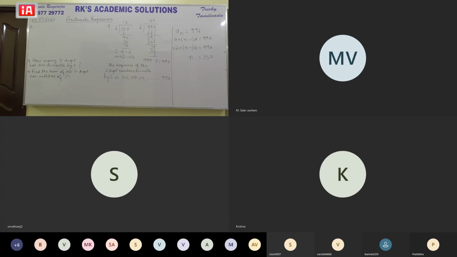The question is to find the sum of all the three-digit non-multiples of 17. So the first thing you'll have to do is to find the sum of all the three-digit natural numbers, meaning numbers starting from 100 to 999. That's step 1.